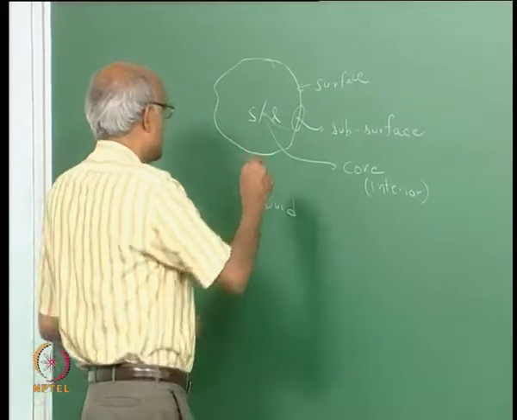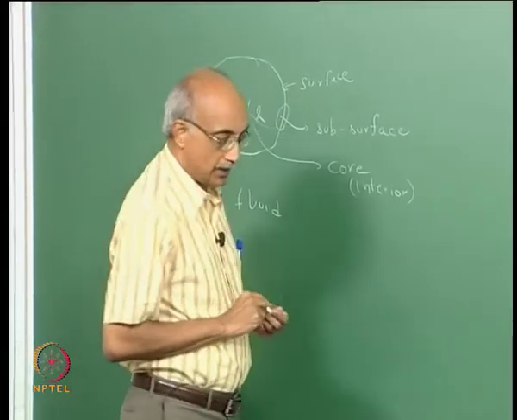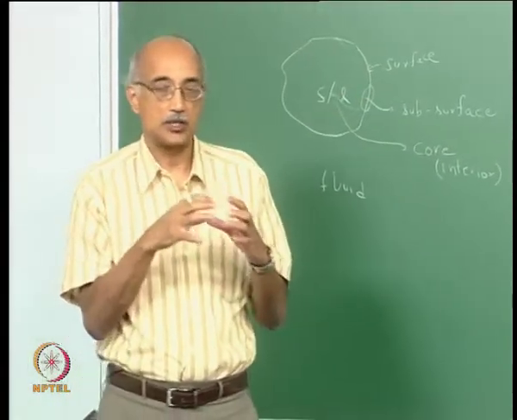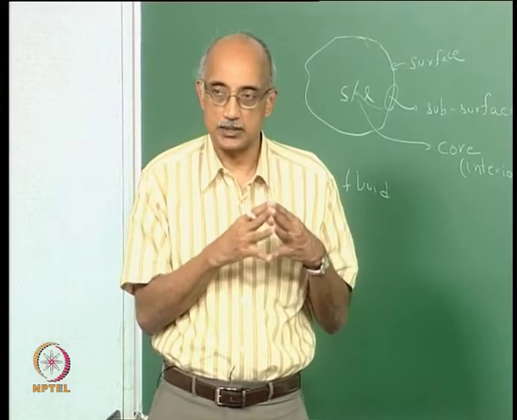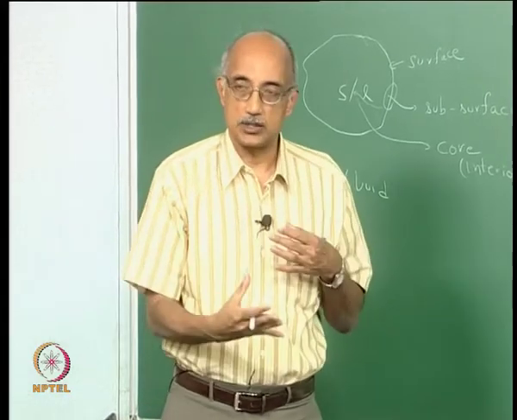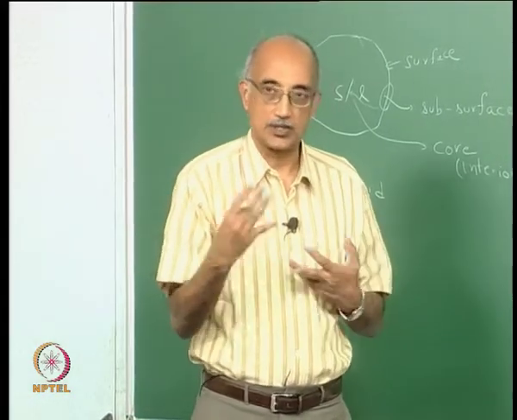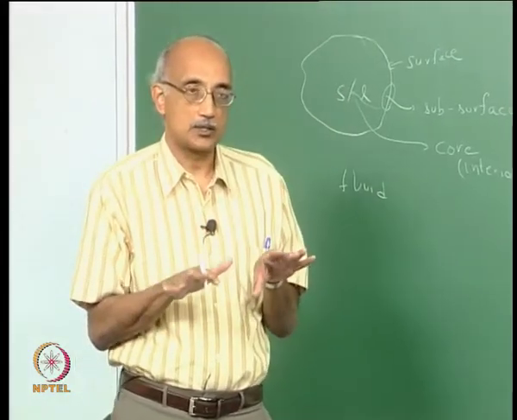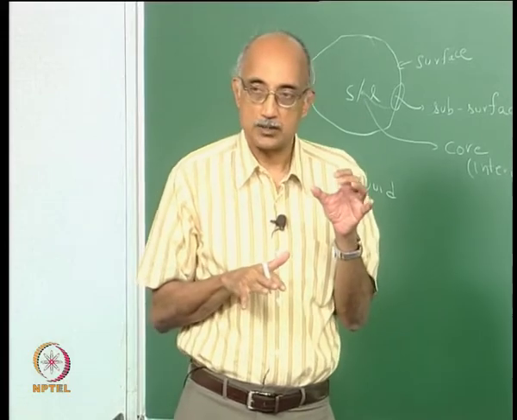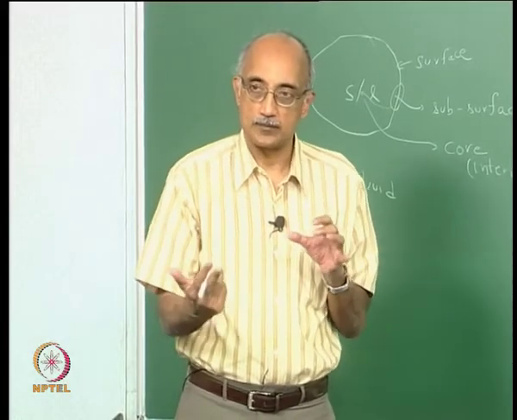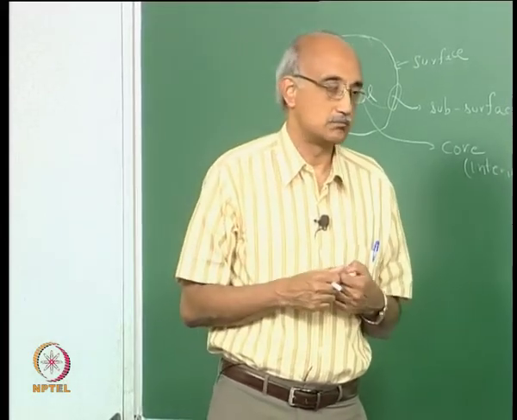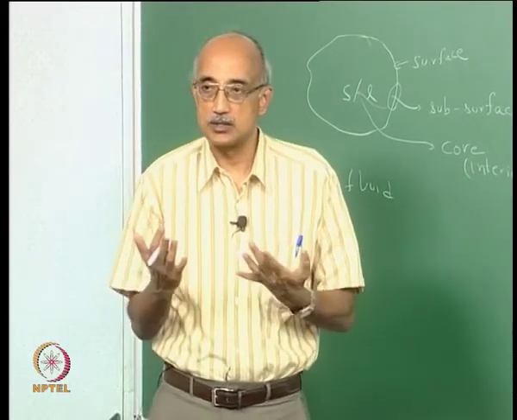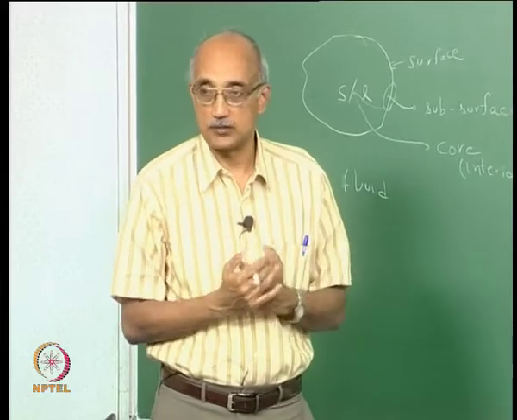Now, go back to the surface. As I said, it represents essentially the contact point between the discrete particle that represents one phase and the fluid which it is suspended in, which represents the other phase. Now, clearly there is a huge difference in properties of this particle phase and the surrounding fluid phase. Density is different, energy is different, surface tension is different, hardness is different, composition is different.